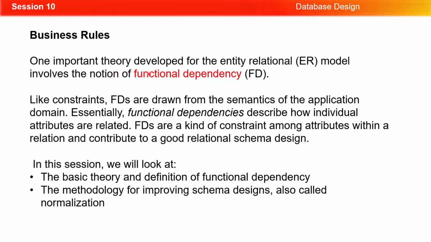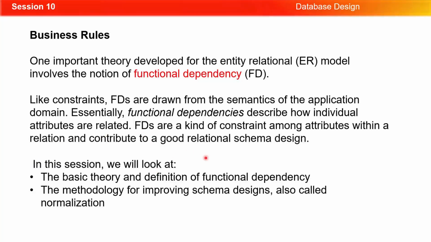One important theory developed for the entity relational or ER model involves the notion of functional dependency, or FD. Like constraints, functional dependencies are drawn from the semantics of the application domain or the enterprise. Essentially, functional dependencies describe how individual attributes are related.